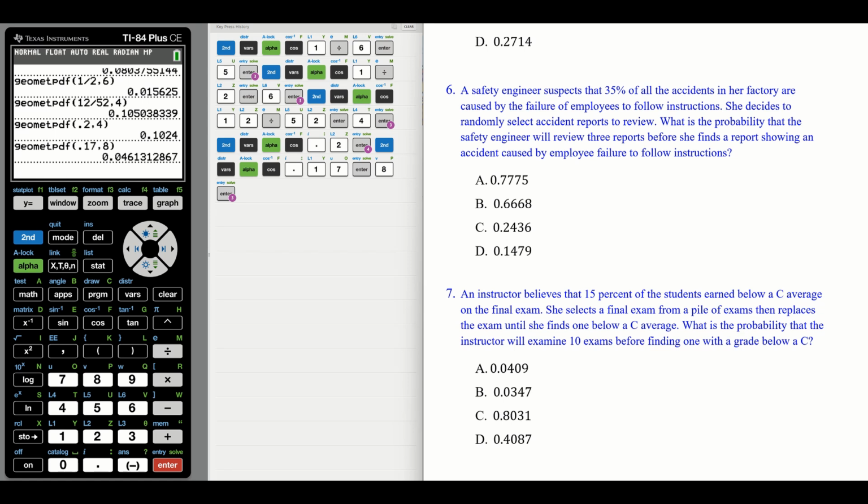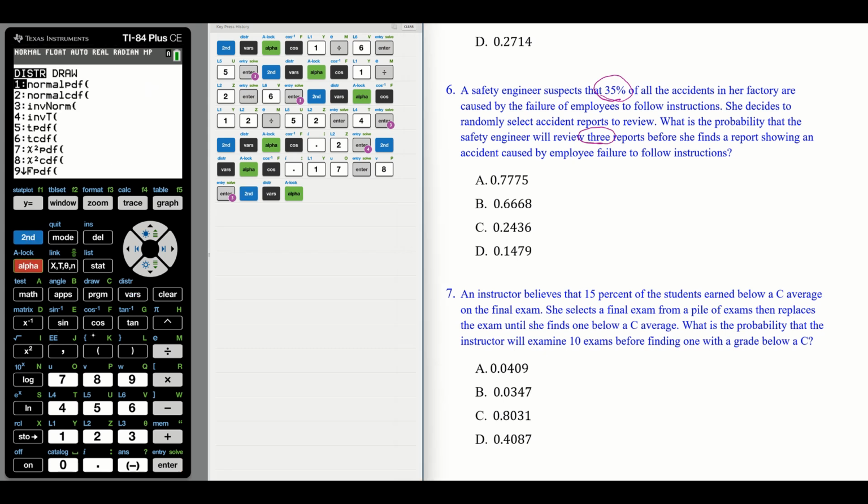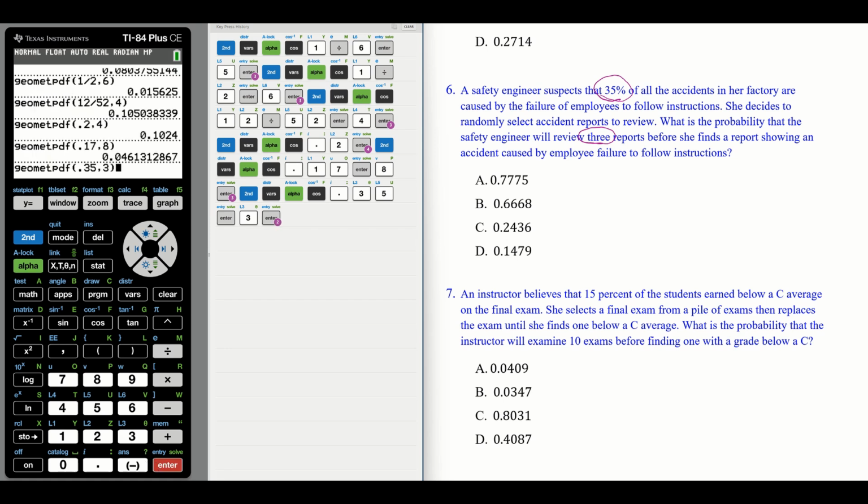What is the probability that the safety engineer will review 3 reports before she finds a report showing an accident caused by employee failure to follow instructions? So we have the 2 items we need. Second vars alpha cosine, 0.35, 3 reports, and enter again. And that is option D.